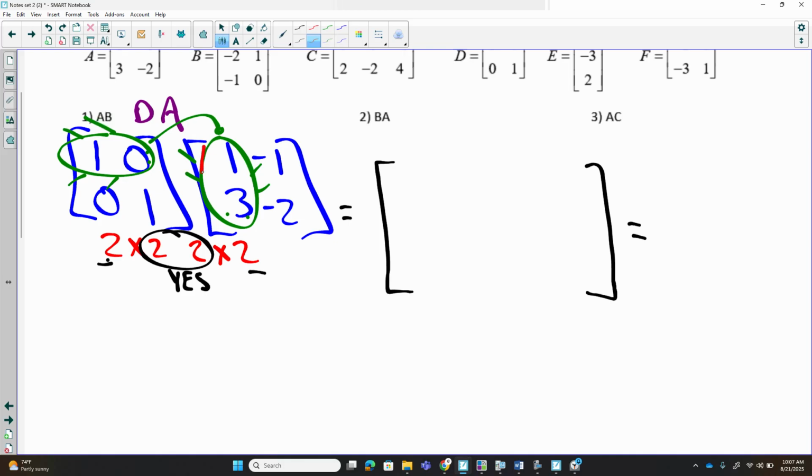You're going to multiply those two numbers together and add them. So you're going to write down 1 times 1 plus 0 times 3.